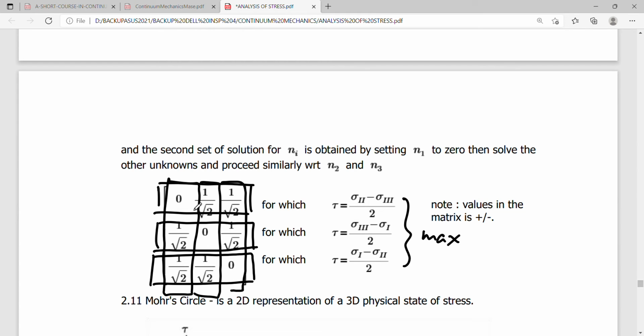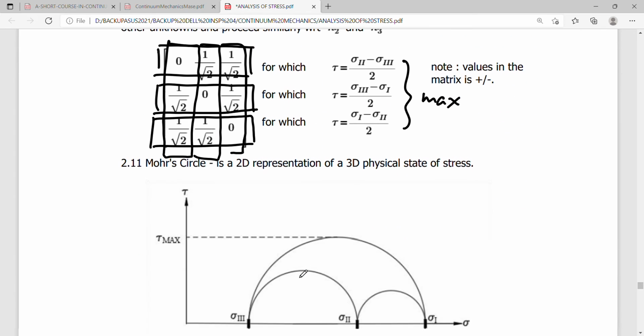This can be a negative negative or a negative positive there, a negative negative or a negative positive here, or vice versa, and so on and so forth. So these possibilities simply give you an indication that there can be more than three representations of your principal directions in this regard.